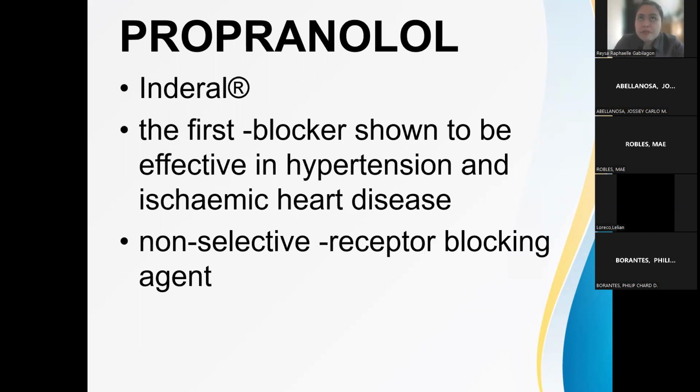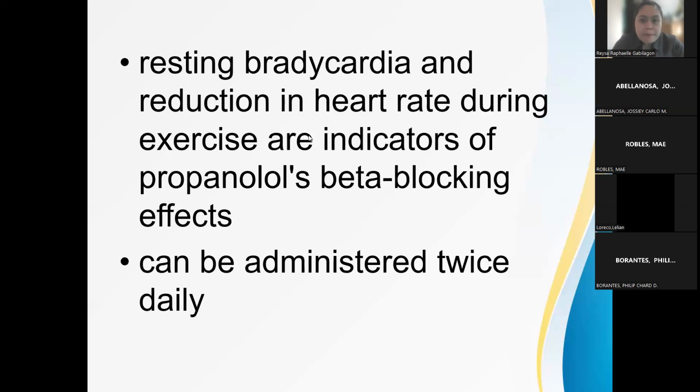So since the heart will not really pump a lot of blood, then the blood vessels will not really require a lot of force to have that blood flow all over the body. That means there will be a reduction in the needed pressure. Okay, so that's how the beta blockers help in the reduction of blood pressure.